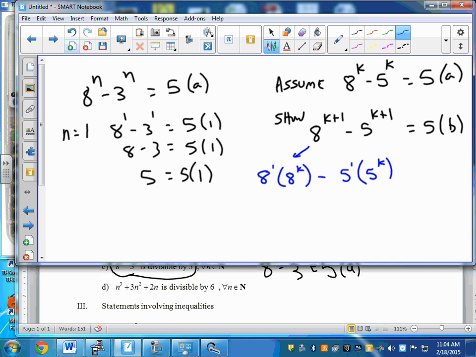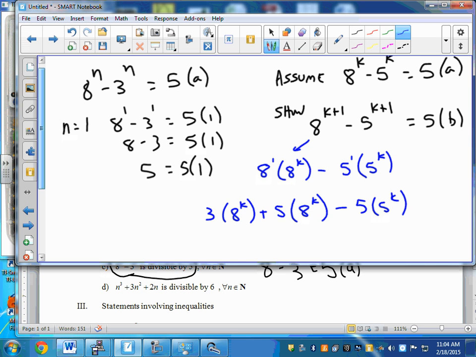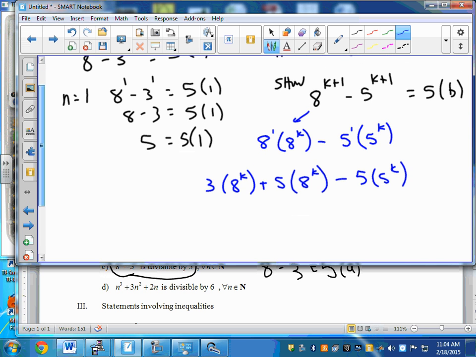And then I'm going to break up 8 times 8 to the k as 3 times 8 to the k plus 5 times 8 to the k, minus 3 times 3 to the k. And I think you can sort of see where I'm headed here, I hope anyway. Let's see, okay, so let's look at these two. They have a common factor of 5, so this is 5 times 8 to the k minus 3 to the k.